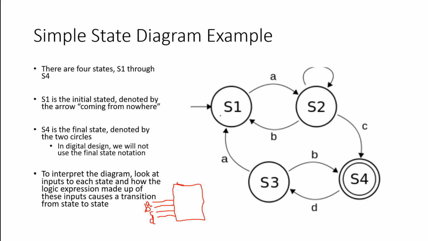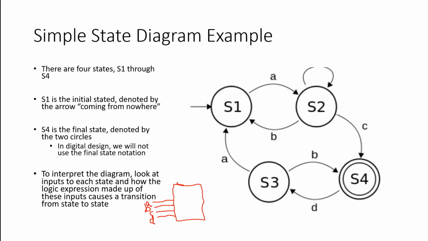Now, when I'm in state S1, and there's some input on input A into the system, I'm going to transition from state S1 to S2. Likewise, when I'm in S2 and B is input into the system, or there's some input on input B, I'm going to transition back from state S2 to state S1.